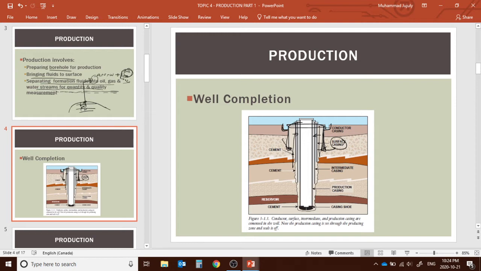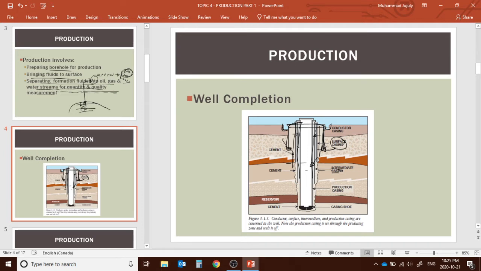Then we drill again, and when we reach a certain depth we put in the intermediate casing, which is narrower than the surface casing, and of course narrower than the conductor casing. We put in the casing and again do the cementing.